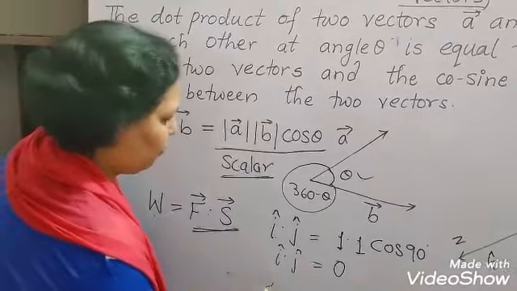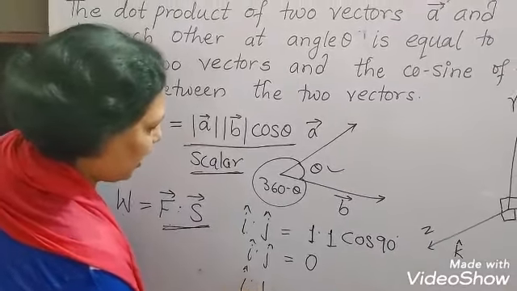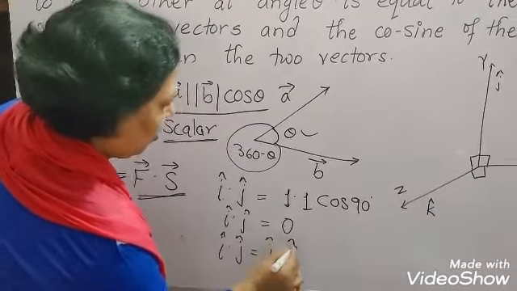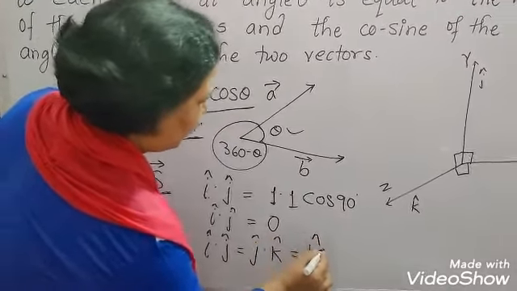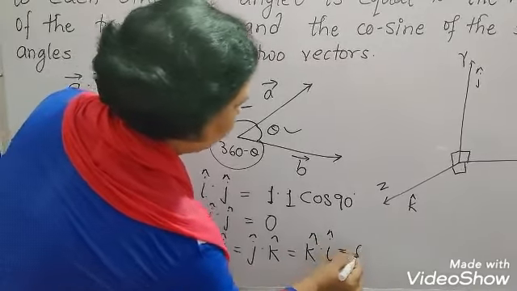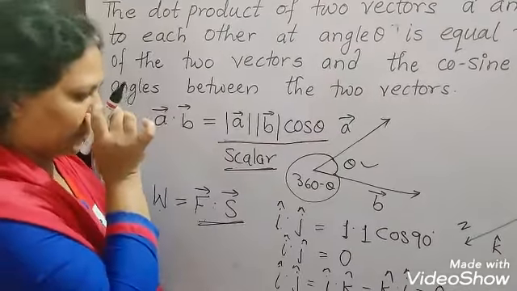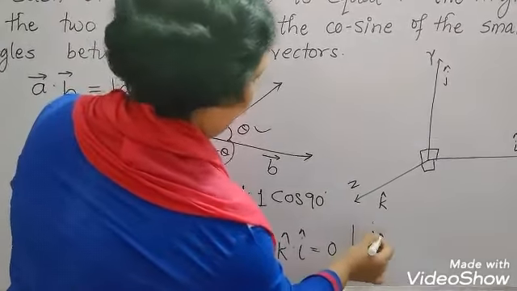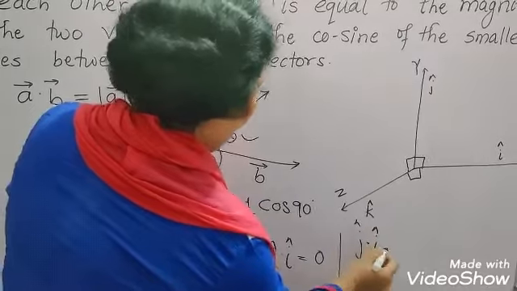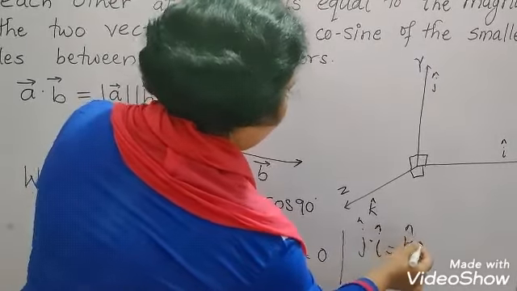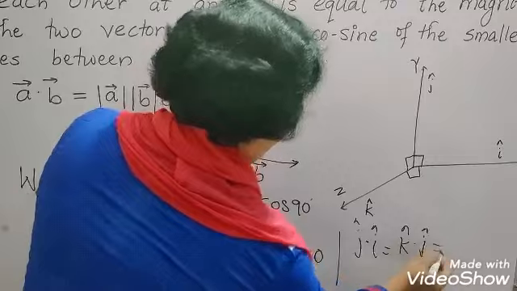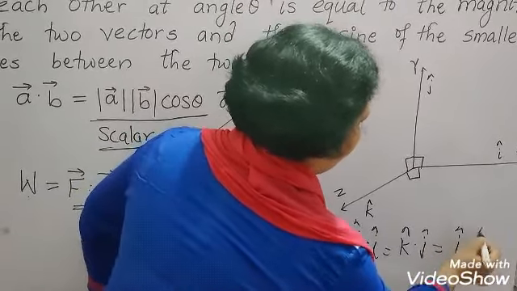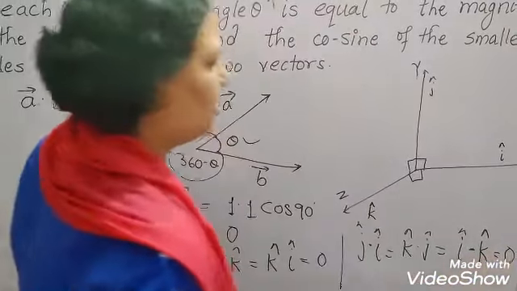Similarly, we can do for other vectors like J dot K or K dot I, this will be equal to 0. Even if we change the order, for example J dot I, or K dot J, or I dot K, then also you will get the value 0.